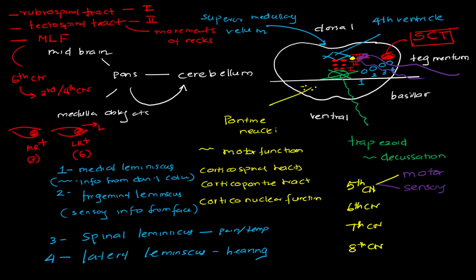So the sensory nucleus of the trigeminal nerve that is present in the pons is more involved in relaying information from proprioception and vibration to the sensory cortex.